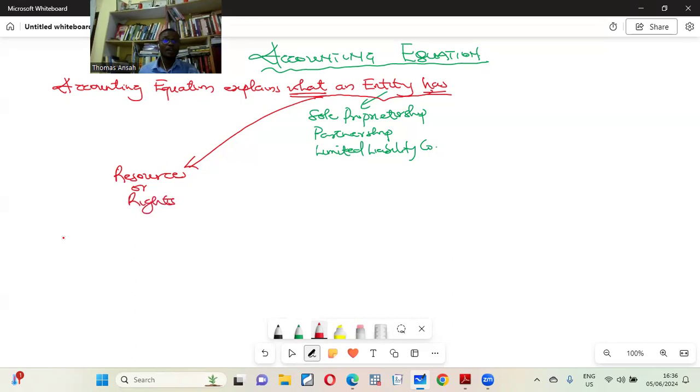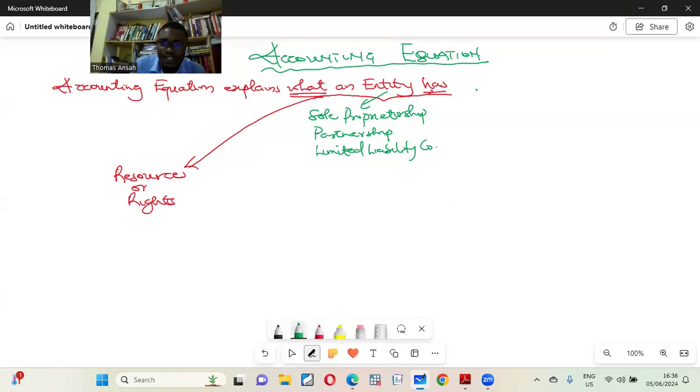What do we mean by rights? The power to do something, right? Yes. The legal basis for something. So the accounting equation simply explains to us the rights, or the resources.